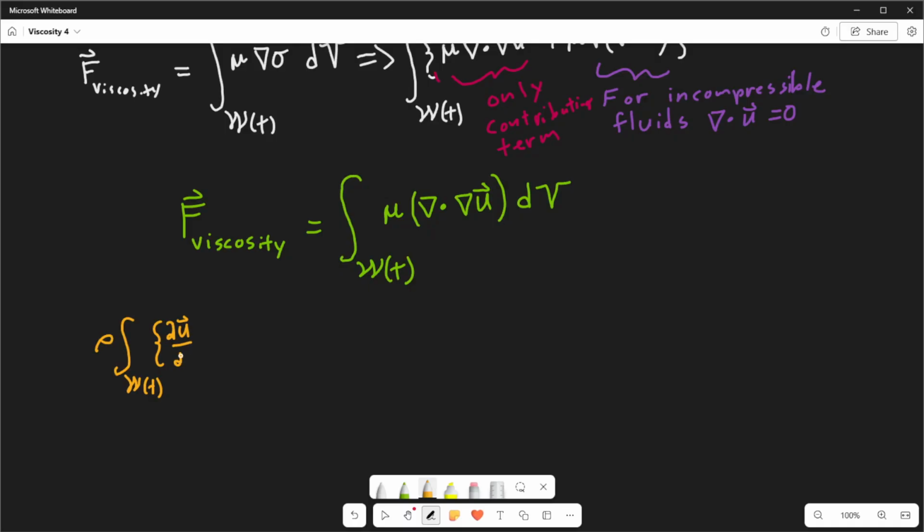Time derivative of the velocity field plus the advection term. This is the dV. This thing equals.